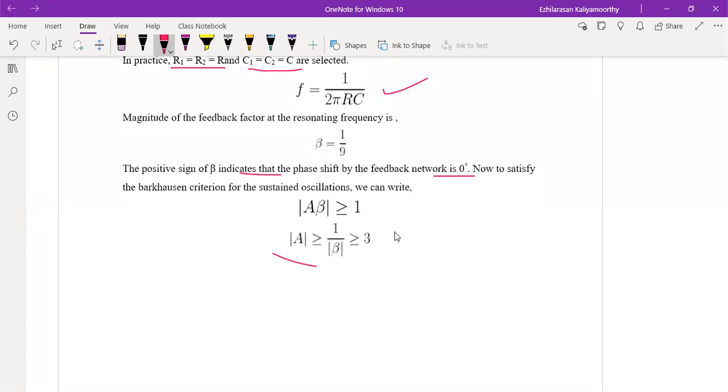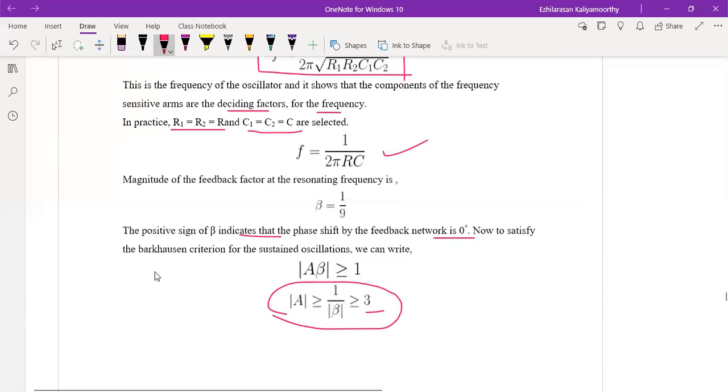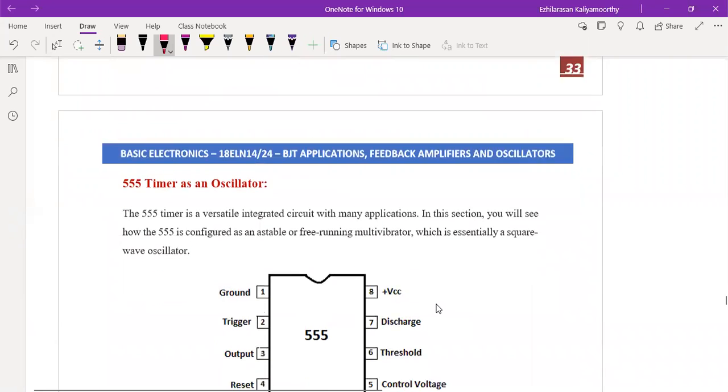So finally we'll get the A value should be greater than or equal to 1 by beta. So with beta value 1 by 9, the A value should be 3 actually. If you use this, then you may get properly the frequencies in the Wien bridge oscillator.